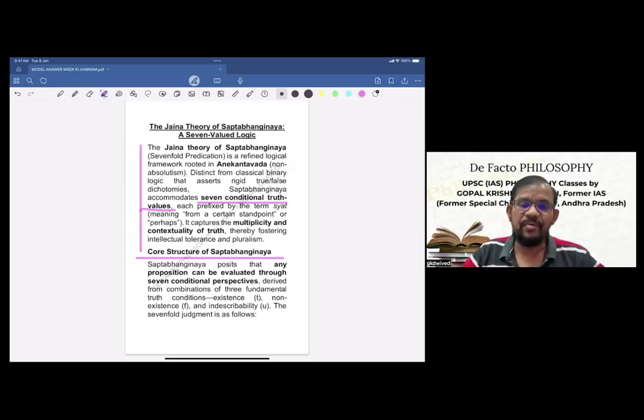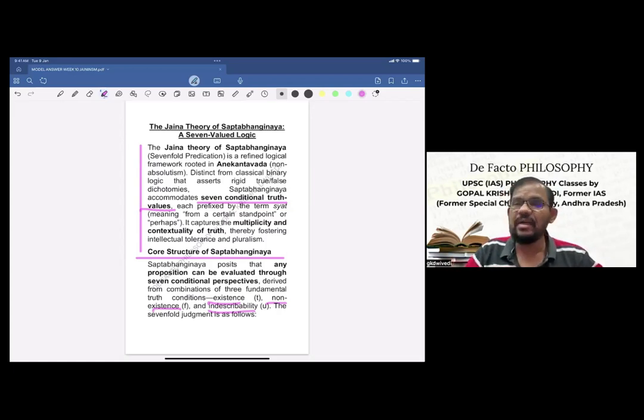This is derived from a combination of 3 fundamental truth conditions. Now, what are those 3 fundamental truth conditions? One is existence, another is non-existence, and then another is indescribability. So these 3 fundamental conditions in different combinations make the sevenfold logic and the sevenfold judgment, and this is called Saptabhangina.